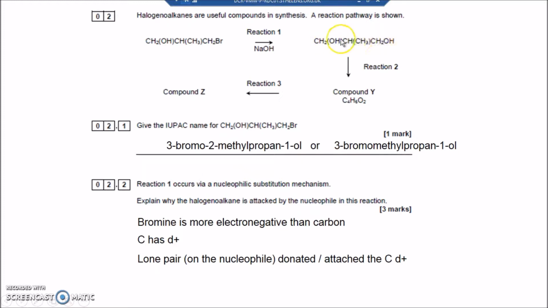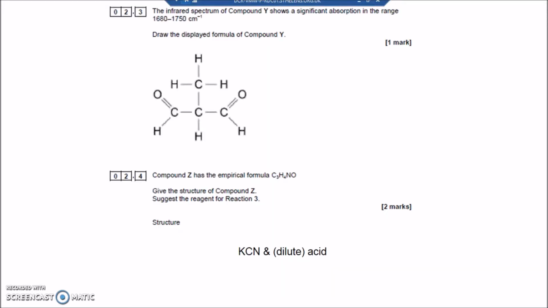So both of those OHs, both those alcohols, have been oxidized to aldehydes, in reaction 2, probably by something like acidified potassium dichromate. There we go. So the OHs have been oxidized to aldehyde groups at carbons 1 and 3, and we've still got the methyl group at number 2.